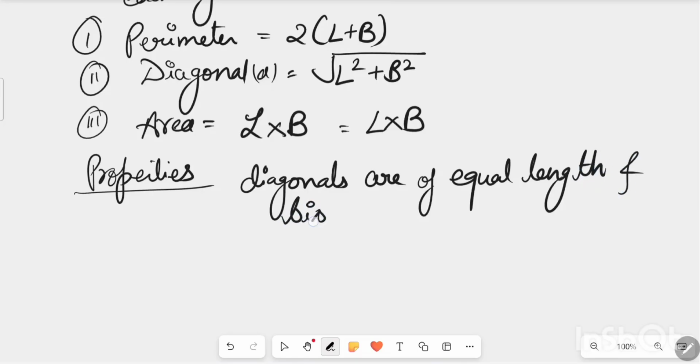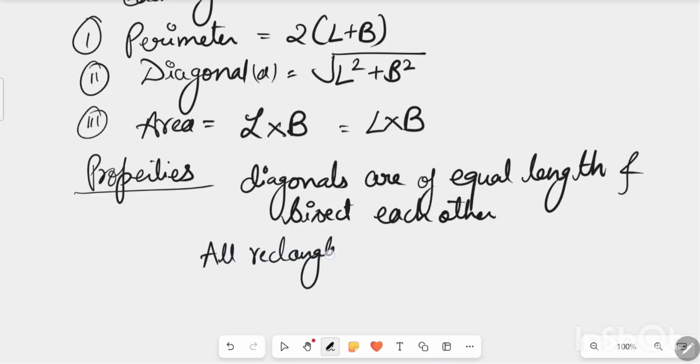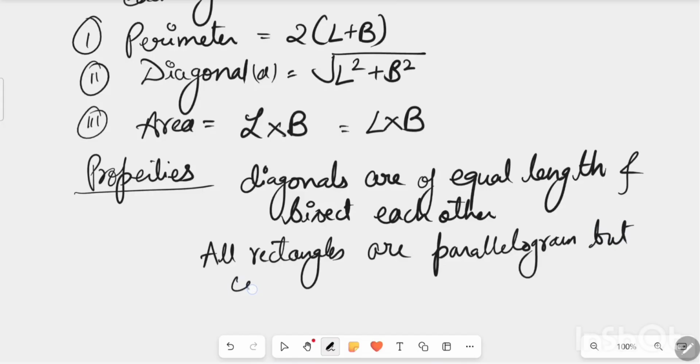All rectangles are parallelograms, but the converse is not true.